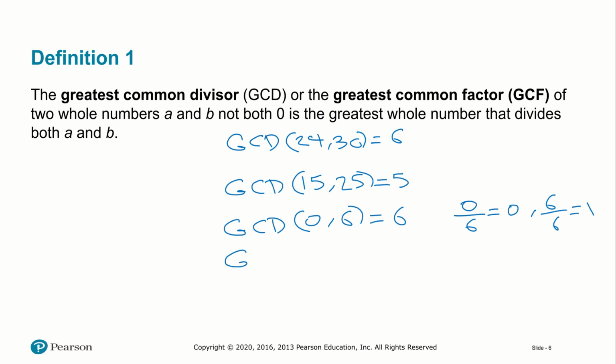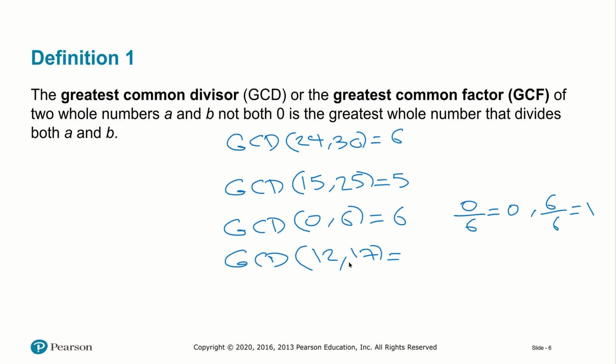How about the GCD of, say, 12 and 17? Now we know that 17 is a prime number, right? So the only factors that are going to go into it are 1 and itself.